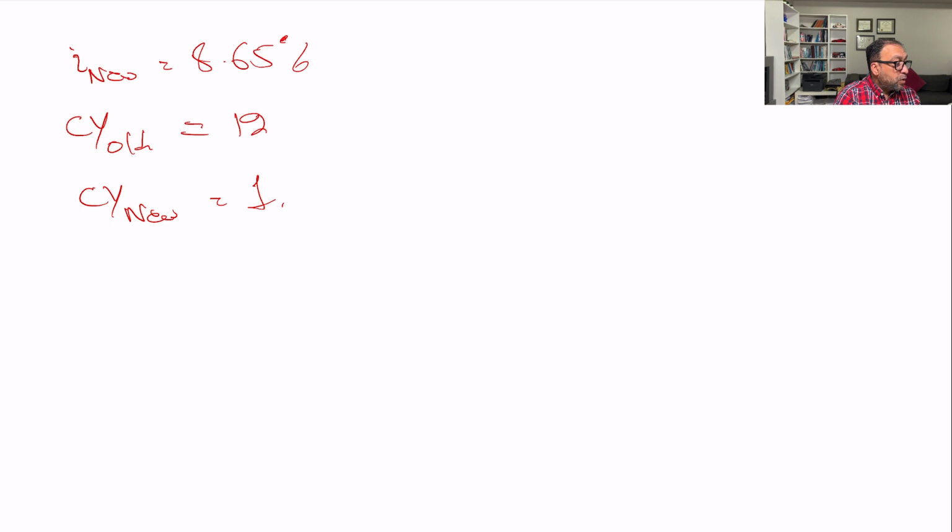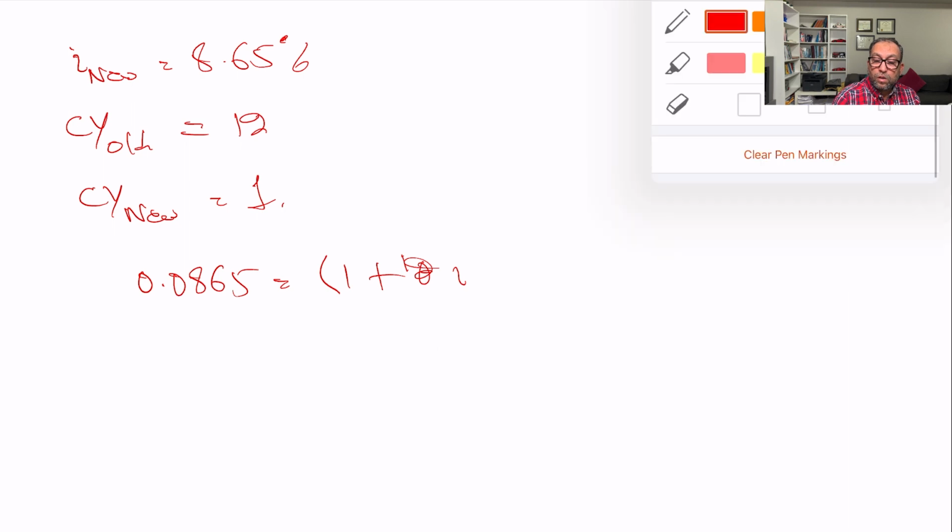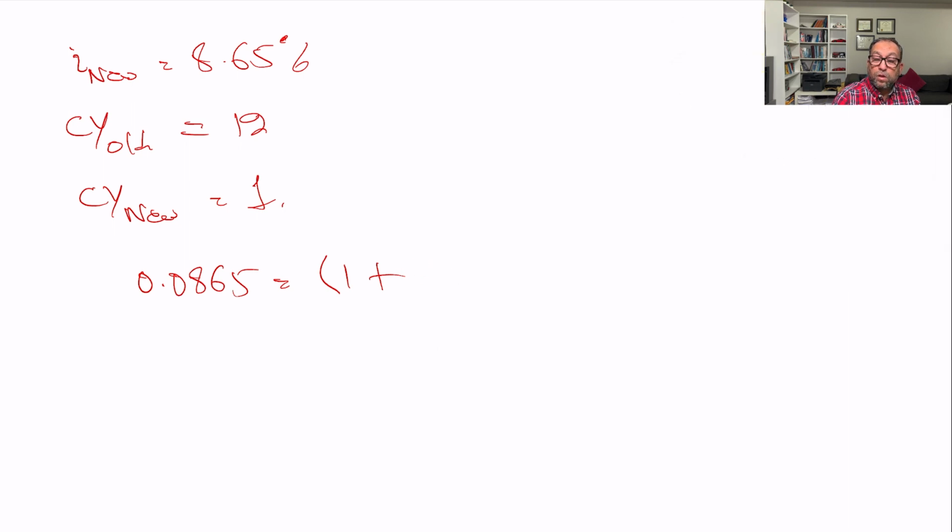So if we apply 0.0865 equals 1 plus I old, exponential 12 by 1, minus 1.